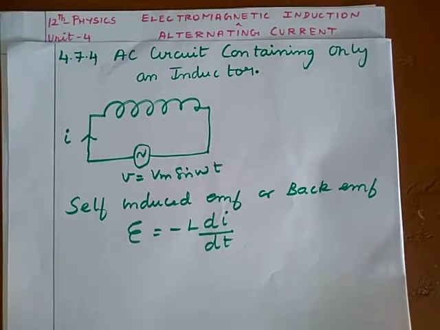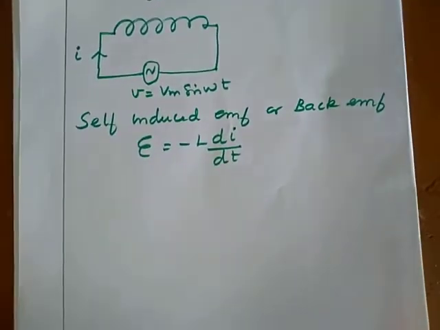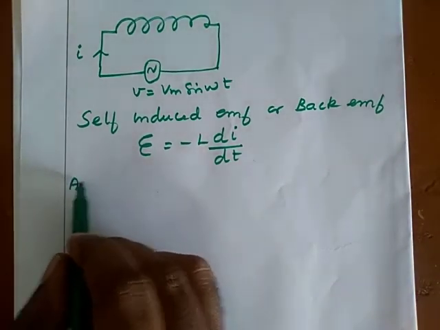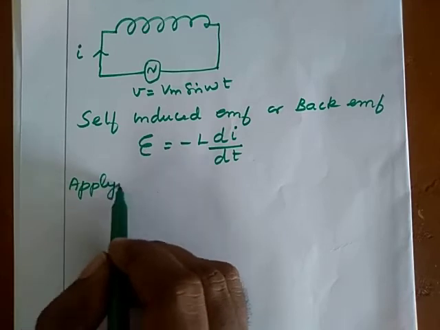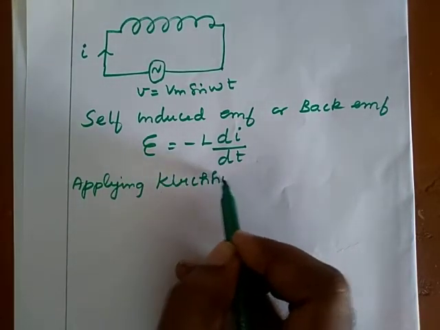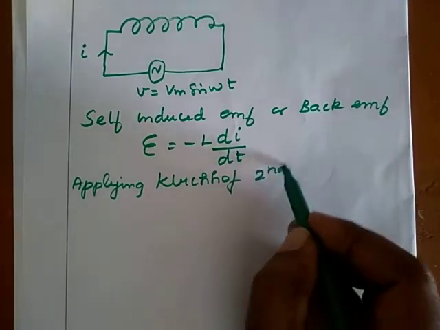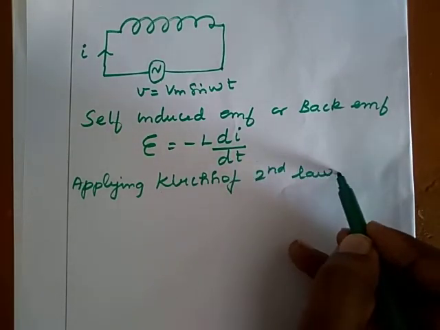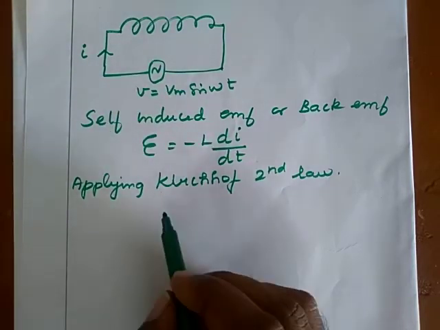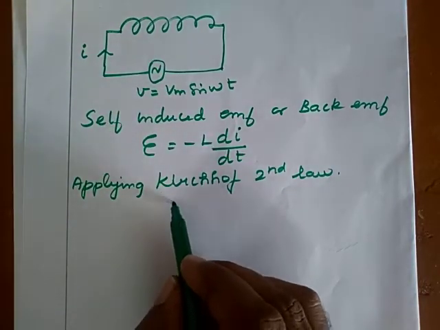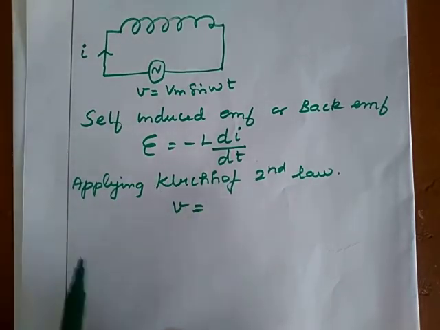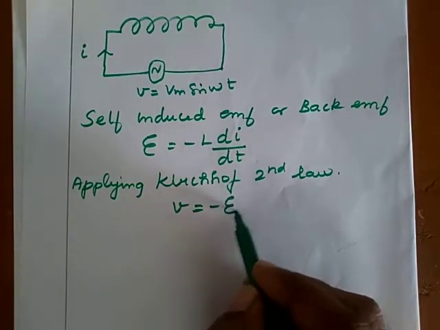Here also I am applying Kirchhoff's second law. We know the applied voltage is equal to the developed voltage. Here the applied voltage is V, and the developed voltage will oppose the applied voltage according to Lenz's law, so we can write it as minus psi.